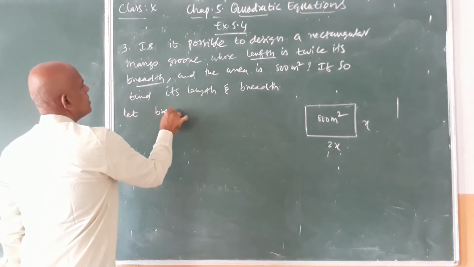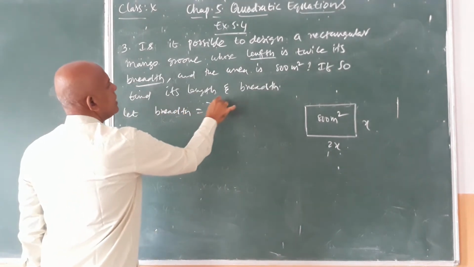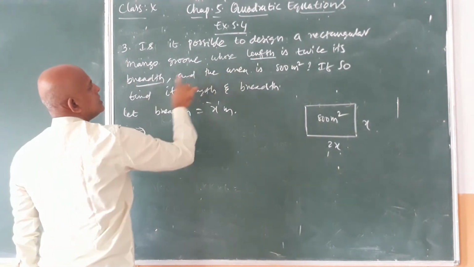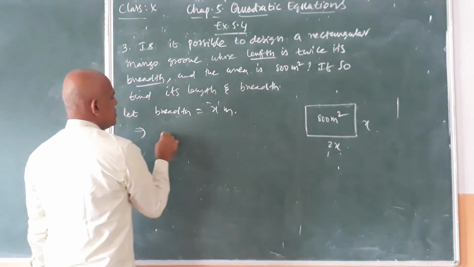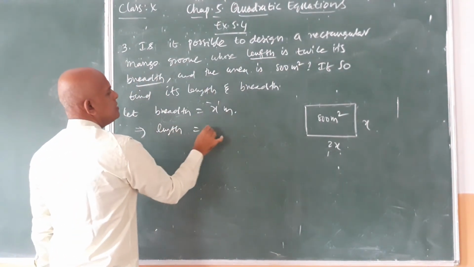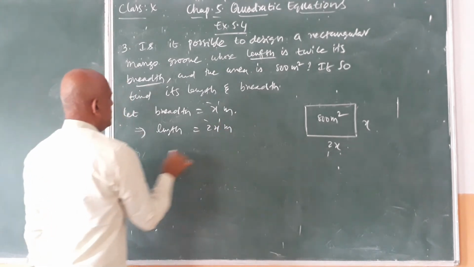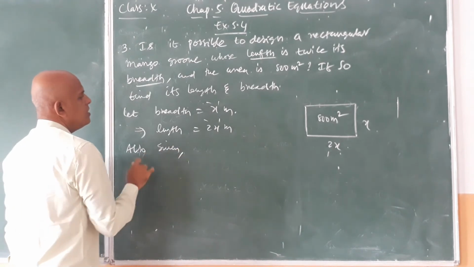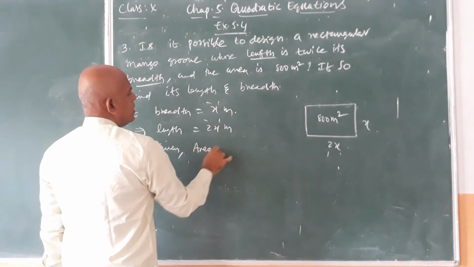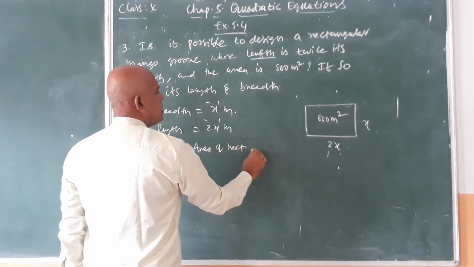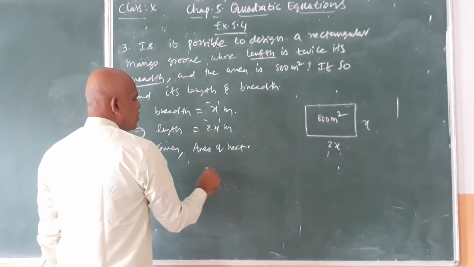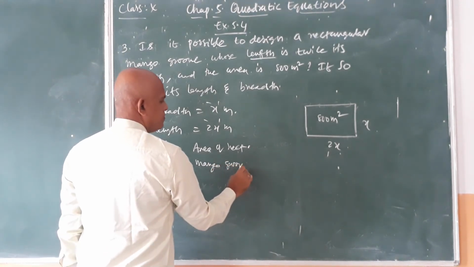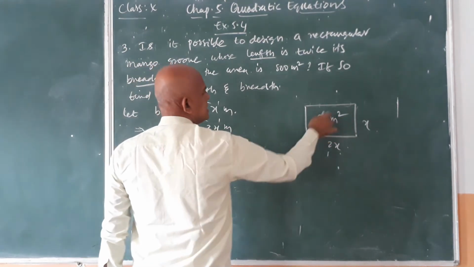Let breadth be equal to x meters because it is given in meters, which implies according to the given problem length is twice its breadth. So length is equal to 2x meters. Also given, the area of the rectangular mango grove.